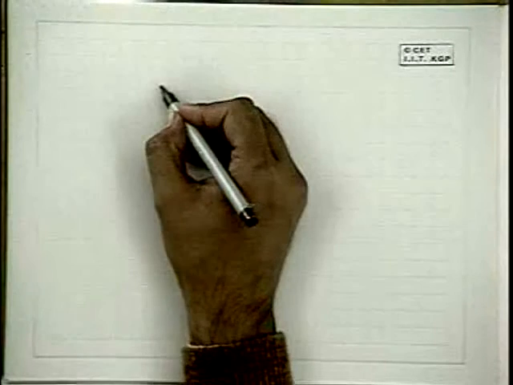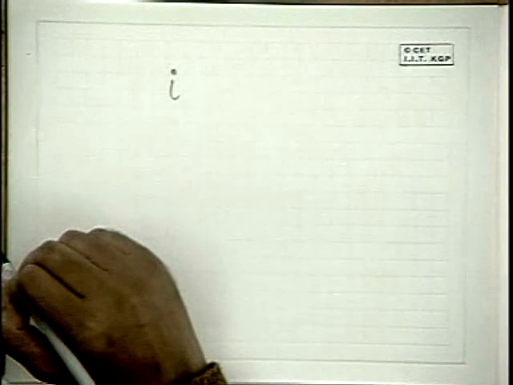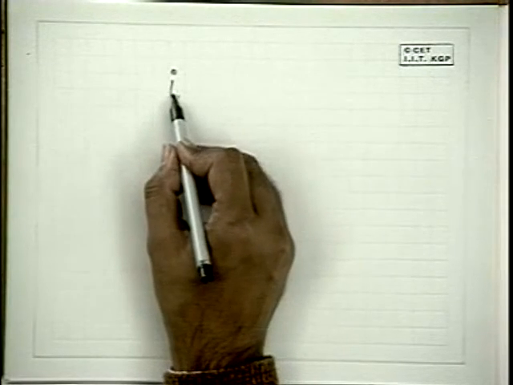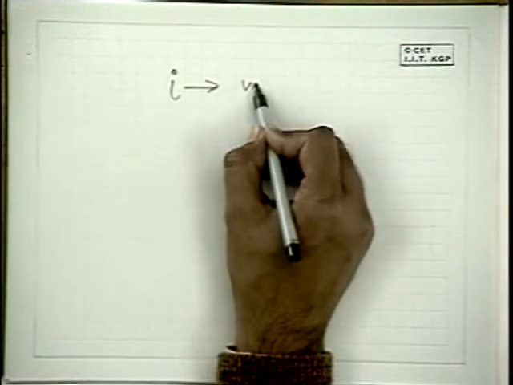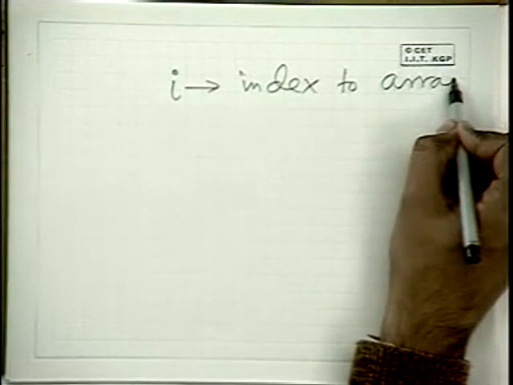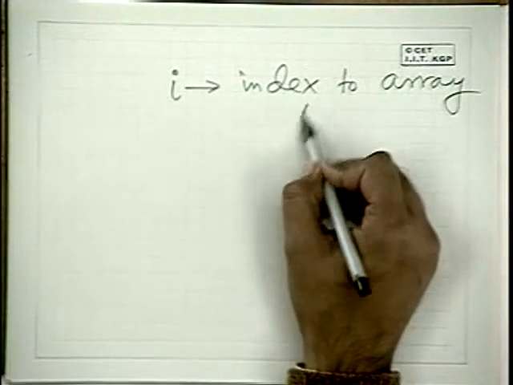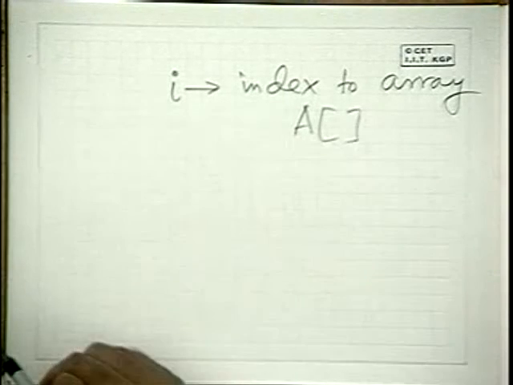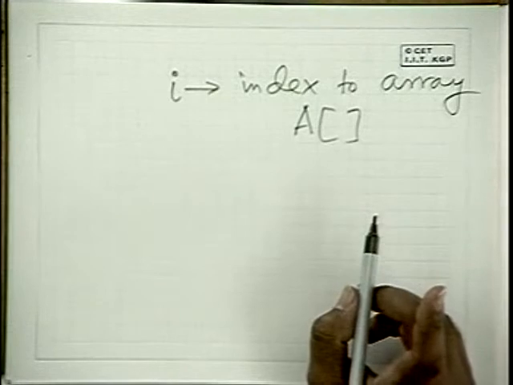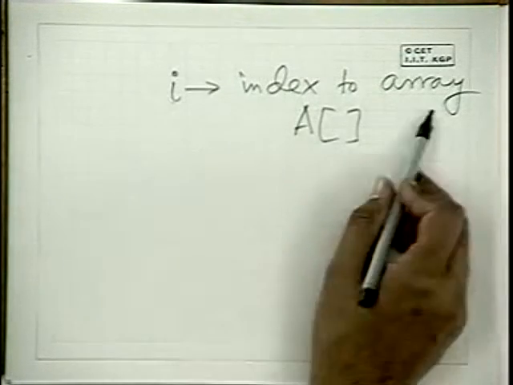So what we do, for each node i, this i is the index to the array, say I call this array A. It starts with index 1. So i is the index to the array.